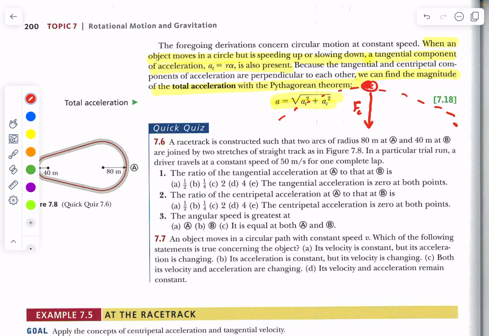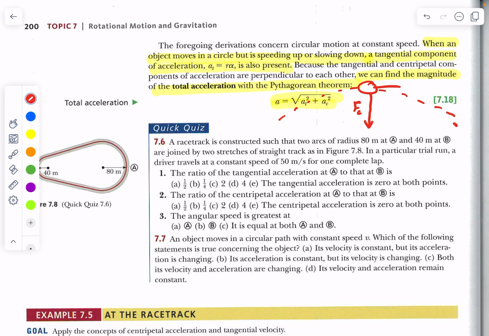It could be a solid object that we're spinning on a string, or it could be a car going around a curve and being held in place because of friction with tires against the road. Any one of those could be responsible for the centripetal force.